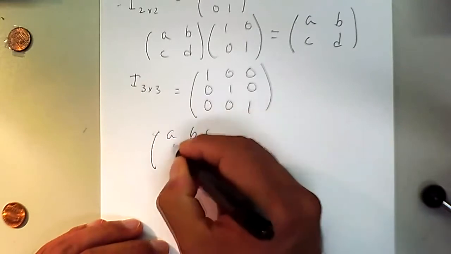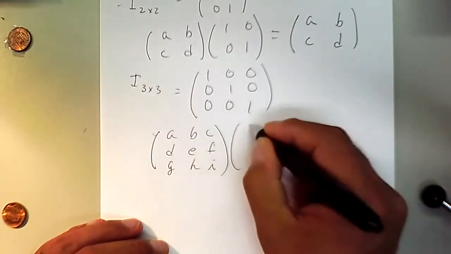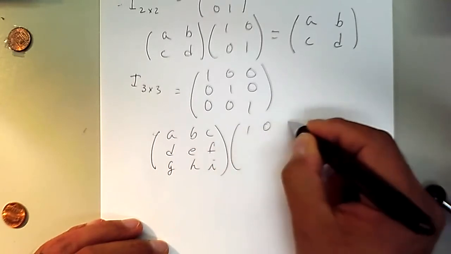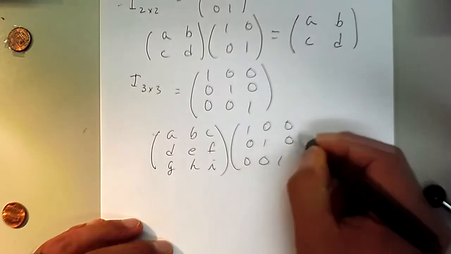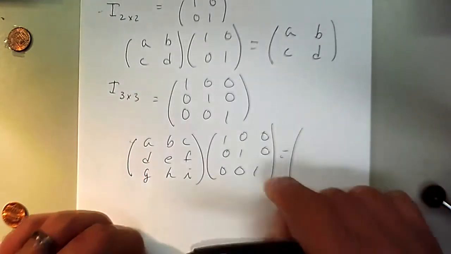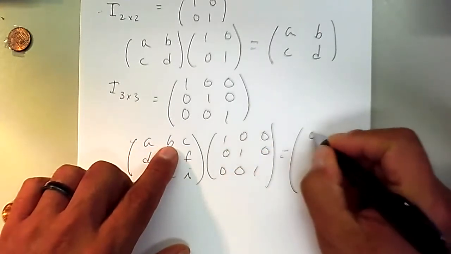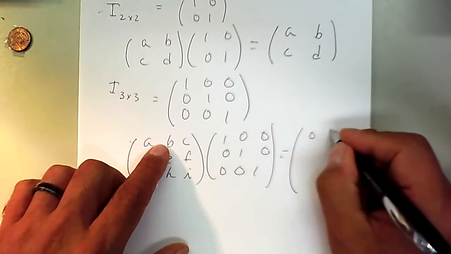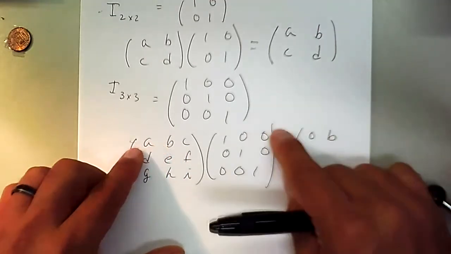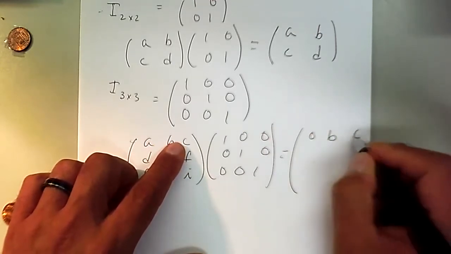A, B, C, D, E, F, G, H, I multiplied with 1, 0, 0, 0, 1, 0, 0, 0, 1 will give us, again, A and nothing, nothing and B, nothing but C. So we got A, B, C.